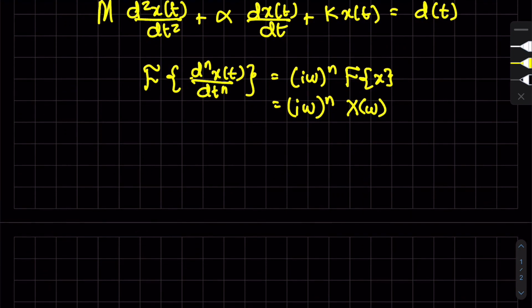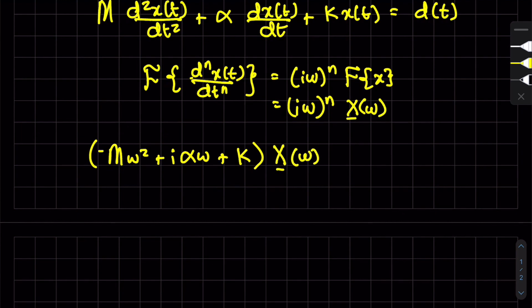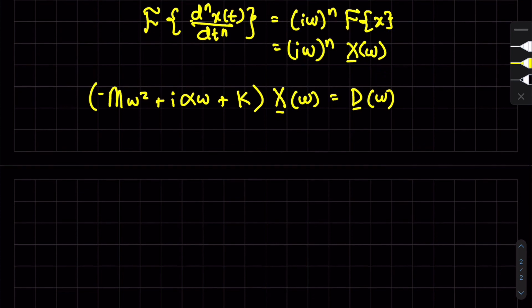Let's do that. Minus m omega squared, because i omega squared, i squared is minus 1, plus i alpha omega plus, I believe, just k multiplied with X of omega equal D of omega.